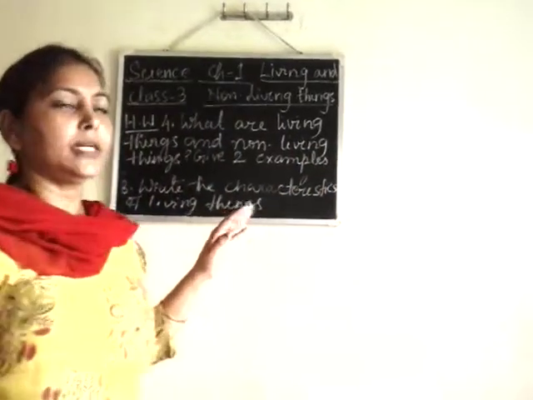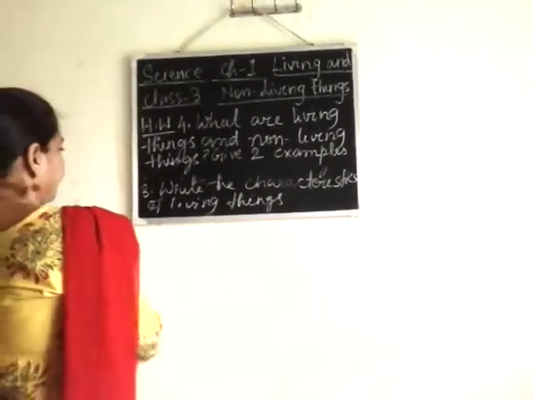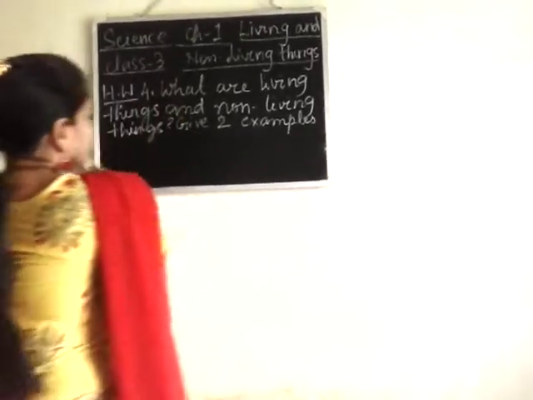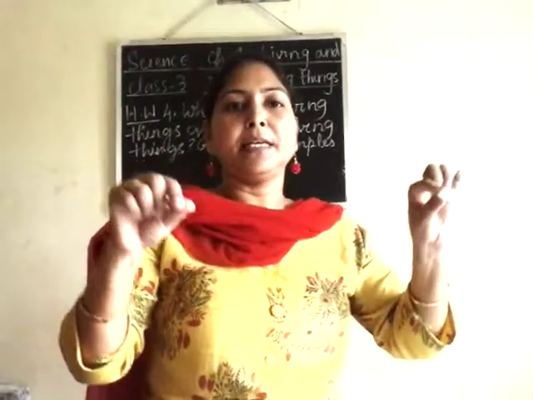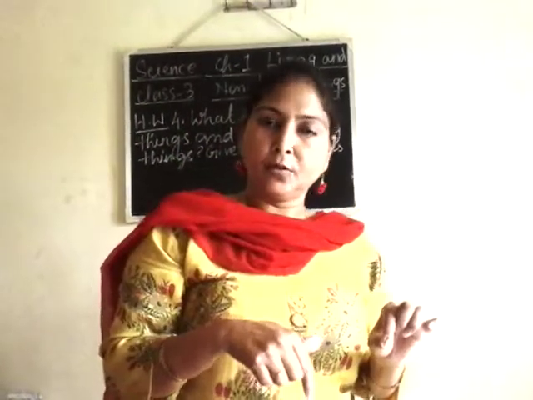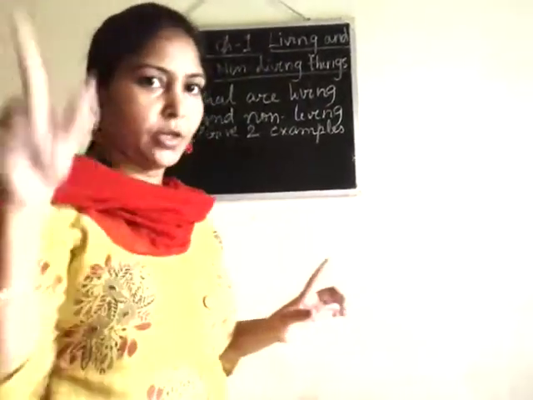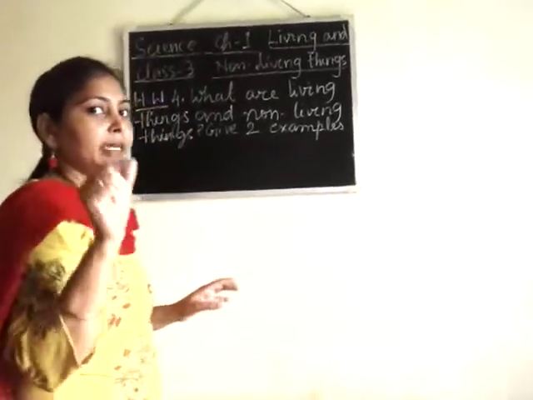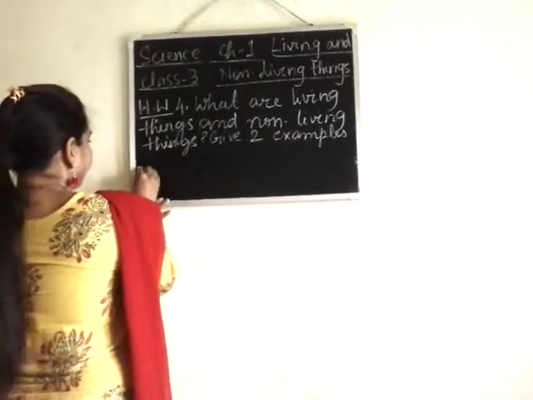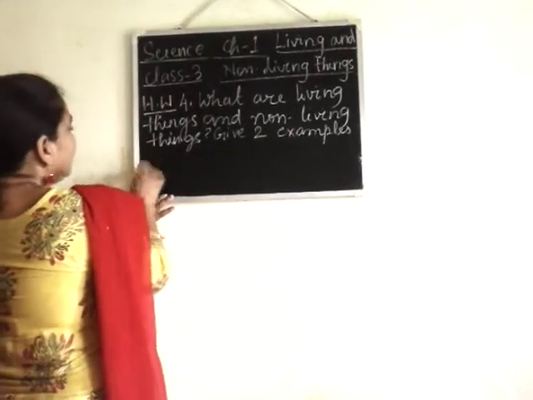Now the next question is, in your book there is a table given, differences between living and non-living things. So you will just draw that table. That is question number 5.